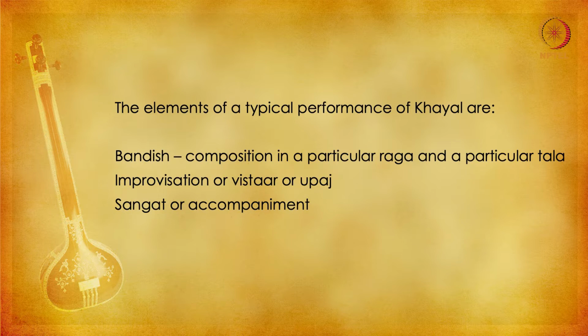And you have sangat or accompaniment. I mean, this is all too neat a categorization of the elements, and there's a lot of overlap. But for the purposes of conveying what happens in a khayal performance, this will work.